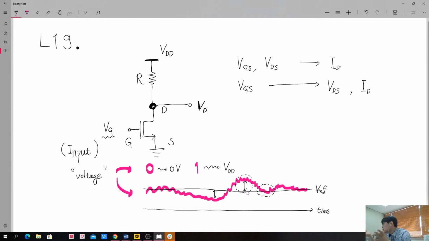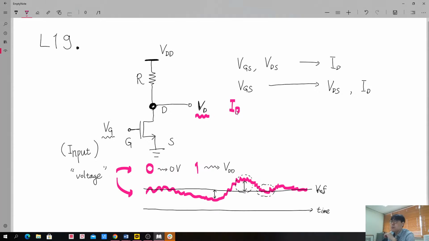If you have any question, please let me know. But anyway, we have the input voltage. Then what will be the output quantity? Of course, we can think that either the VD voltage or the ID drain current can be an output quantity.